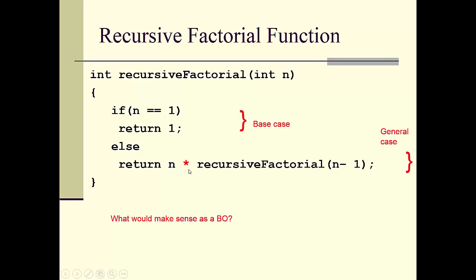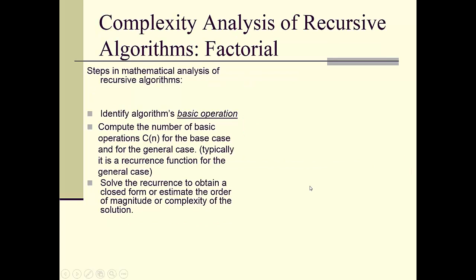And as well, you could see that the number of basic operations that recursive factorial does to solve a problem of size n is the number of basic operations required to solve a problem of size n minus 1 plus 1 extra basic operation. So if the basic operation is multiplication, in the base case when n is equal to 1, I'm not doing any multiplication, so C of 1 is 0.